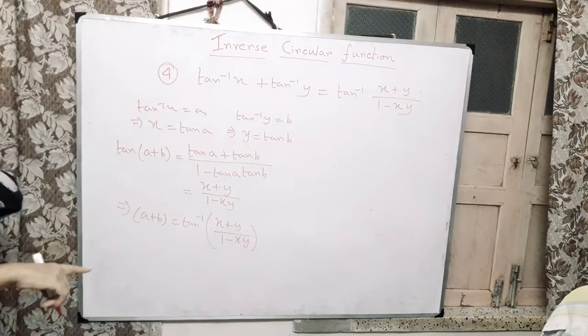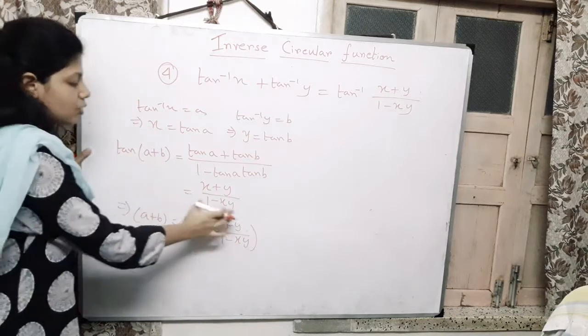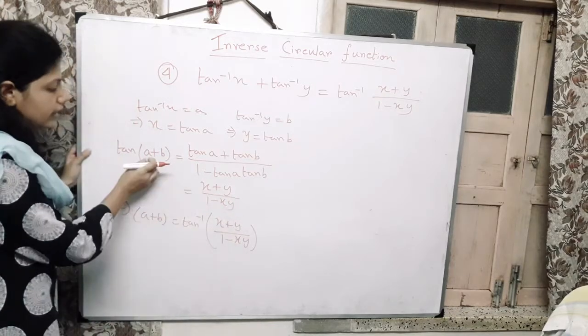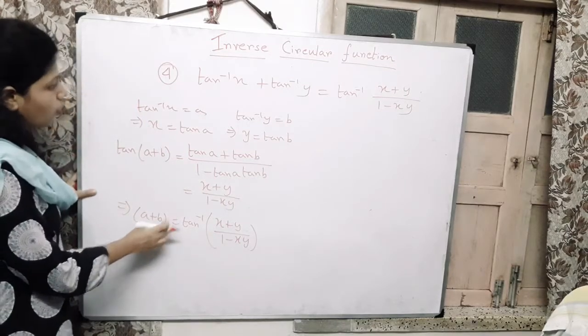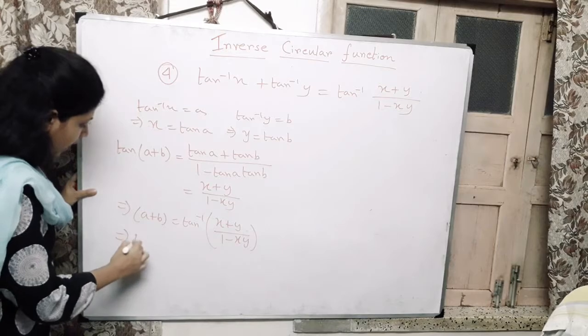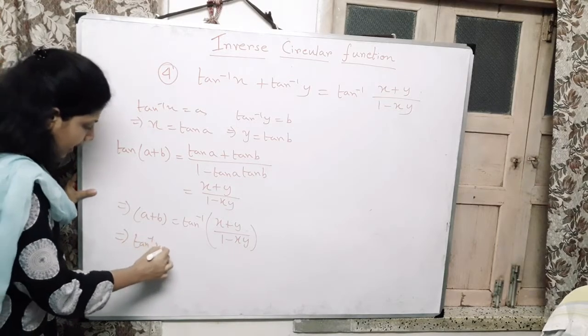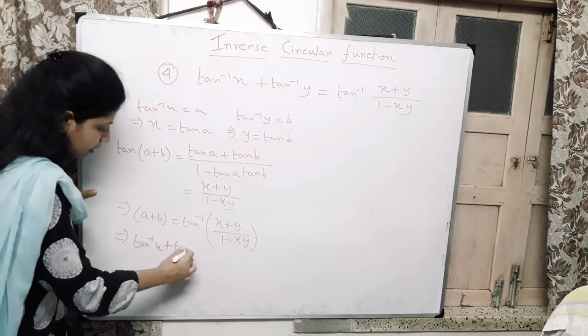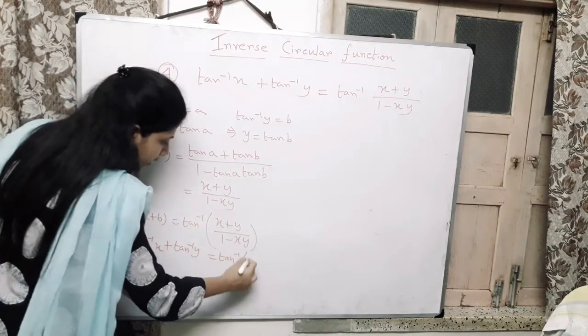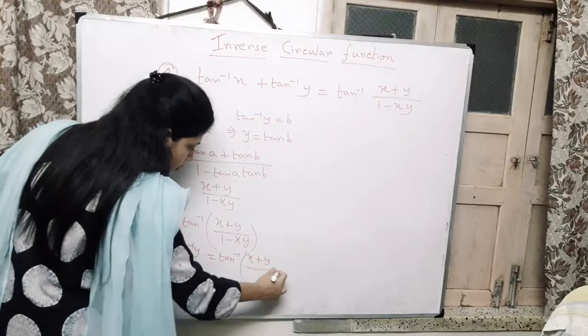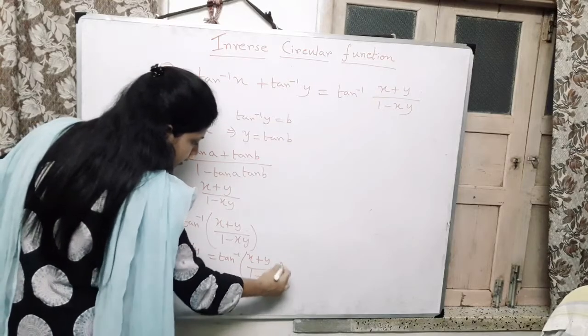Please follow this properly. Tan theta equals something, so we can write theta equals tan inverse of that value. A plus b. Now what are a and b? a is tan inverse x, plus tan inverse y equals tan inverse of x plus y by 1 minus xy.